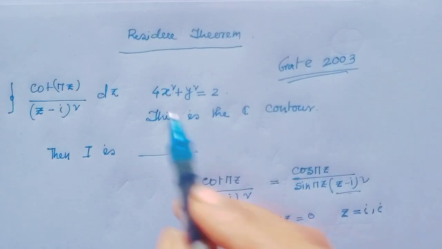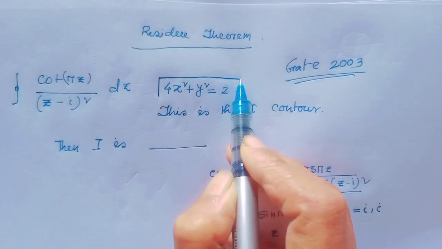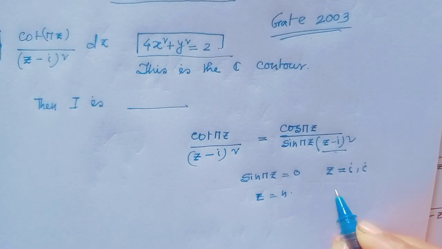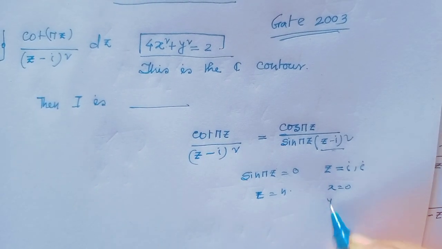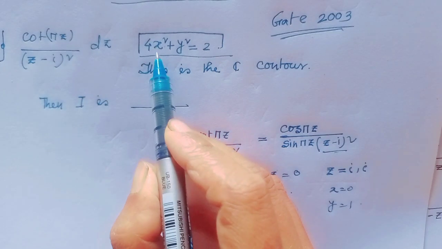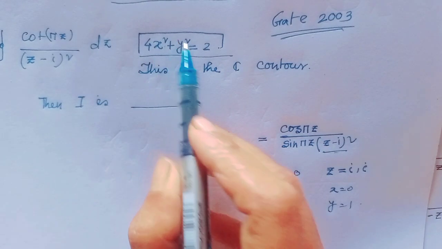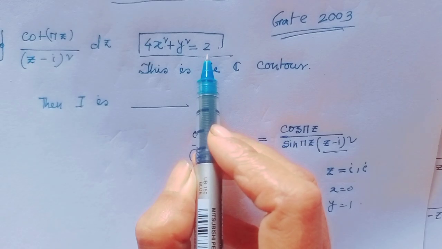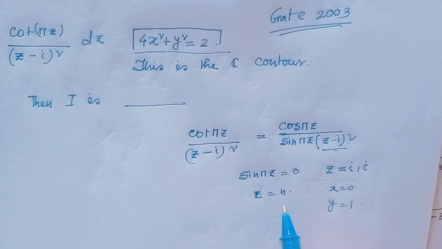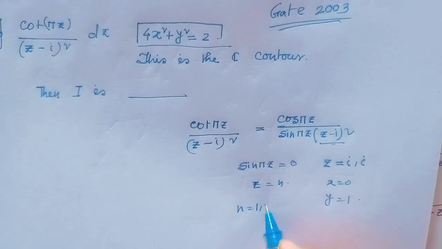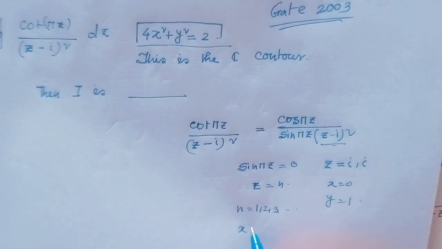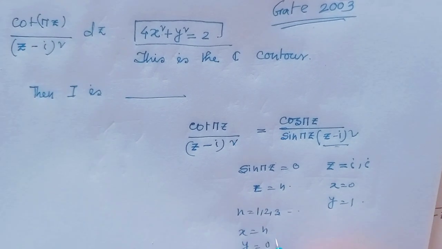And here the contour is 4x square plus y square equal to 2, and z equal to i means x equal to 0, y equal to 1. Here x equal to 0, y equal to 1 satisfy the contour. This is inside the contour. And z equal to n means n equal to 1, 2, 3, and so on, that means x equal to n, y equal to 0.